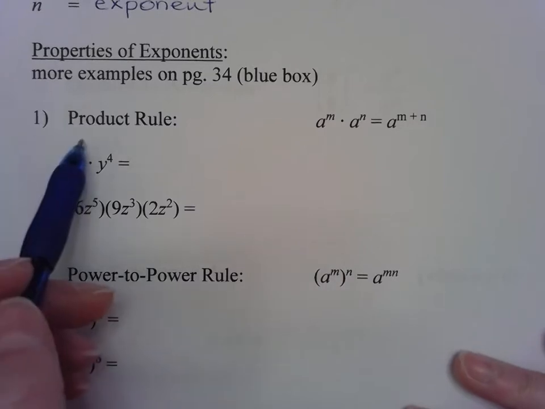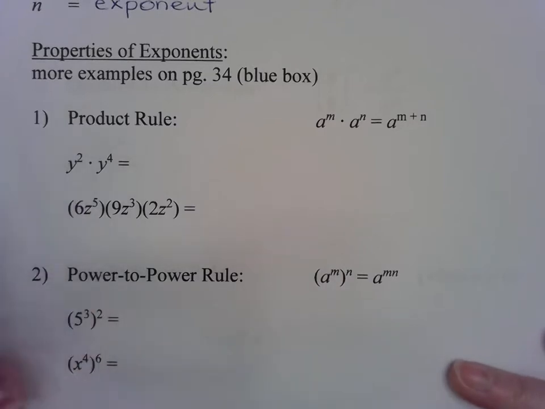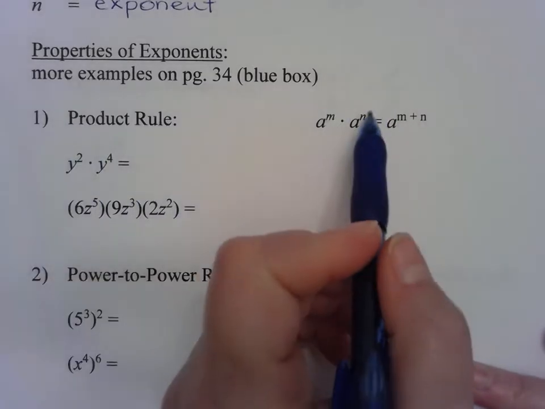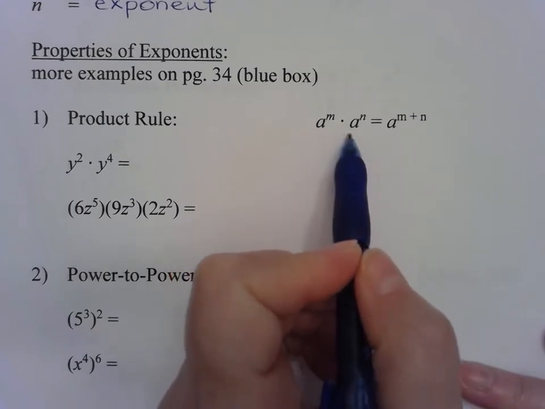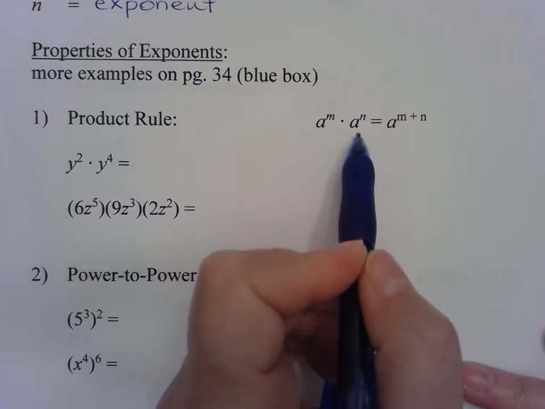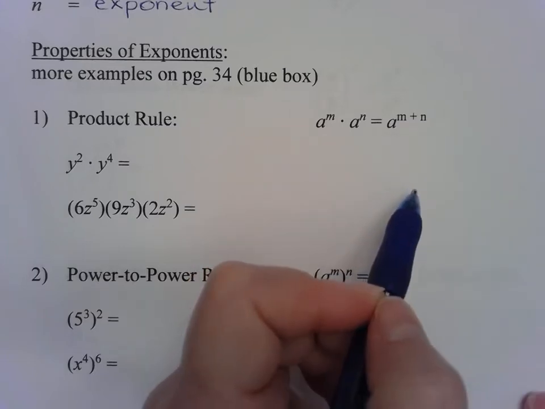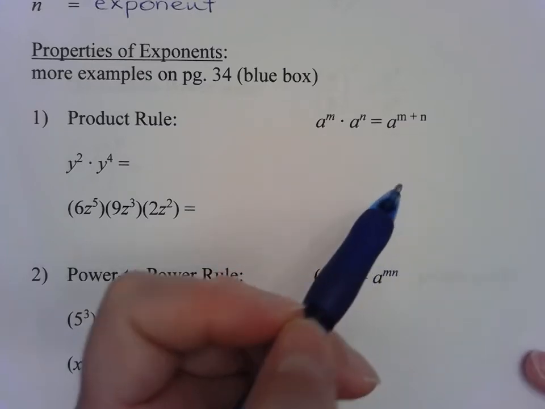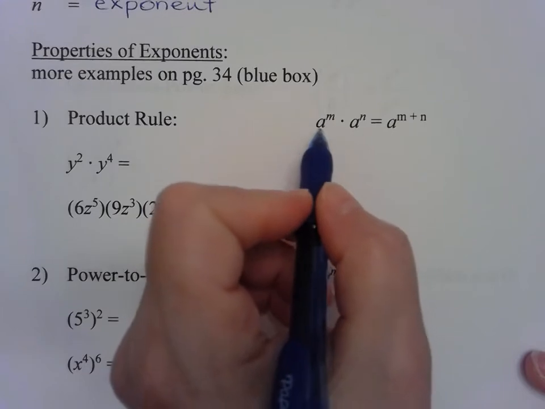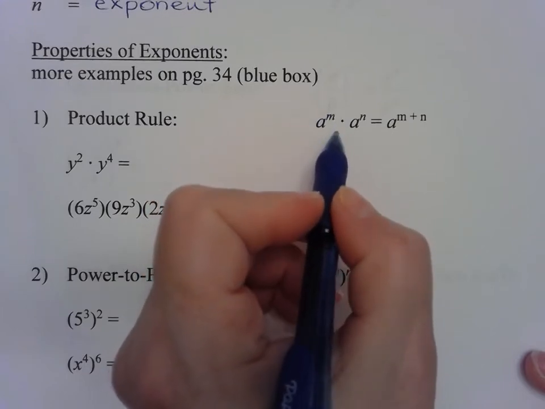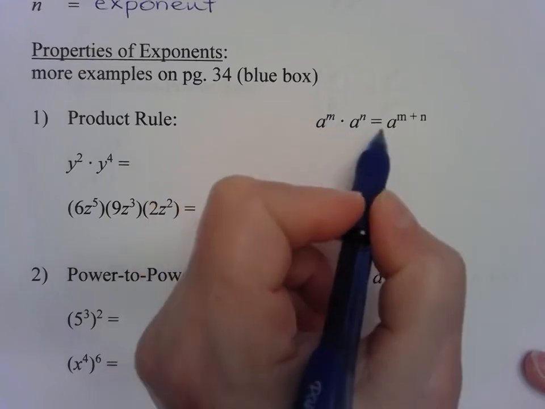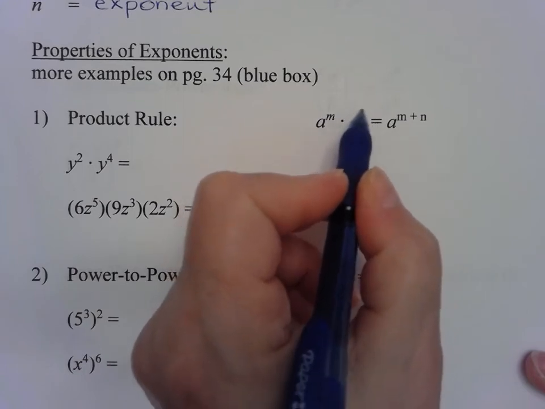All right, the first one's called the product rule. So product indicates multiplying, so when I'm multiplying two expressions that have an exponent, and I have the same base, which is kind of important, then when I'm multiplying, I'm going to add the exponents. This is really just like having a stack of A's and then a second stack of A's.